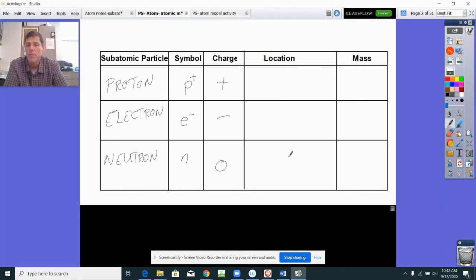Now, if you know anything about the atom, you actually know about where they're found inside an atom. If not, let's go this way. A proton is found in the very center of the atom. The center of the atom is called the nucleus. Now, the nucleus actually contains one other thing besides the proton. The neutron also contains the nucleus. The nucleus contains the neutrons.